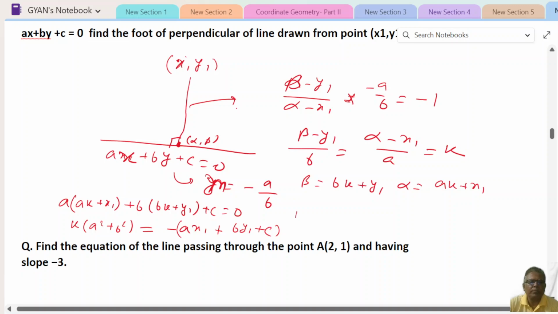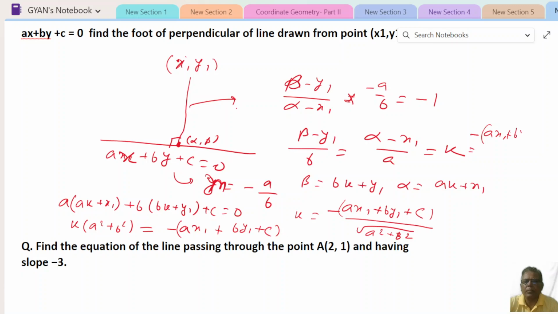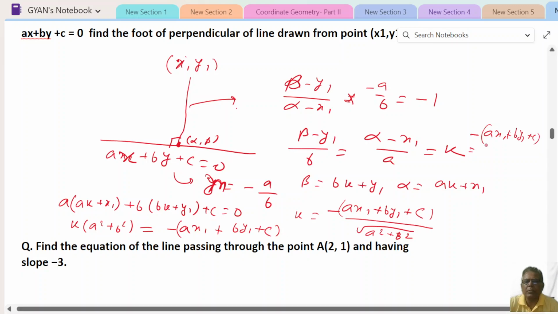So k is equal to minus (ax1 plus by1 plus c) divided by (a square plus b square).